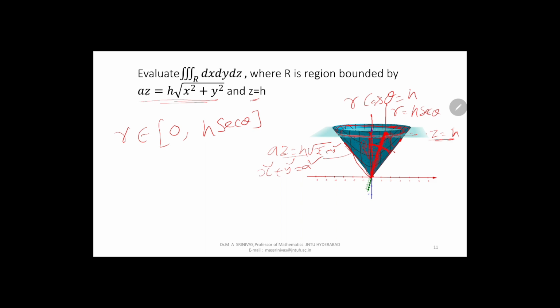For identifying this, what is the boundary? This boundary is this cone. In this cone, in polar coordinates, what does it represent? z is equal to h into root x square plus y square is the equation in Cartesian coordinates. Convert them into polar coordinates. What is your z? r cos theta is equal to h into, what is x square plus y square?